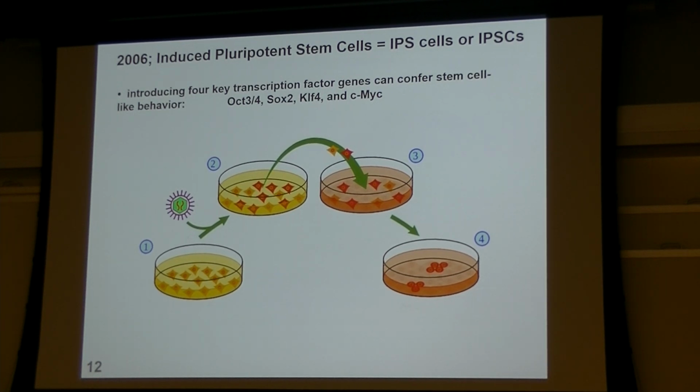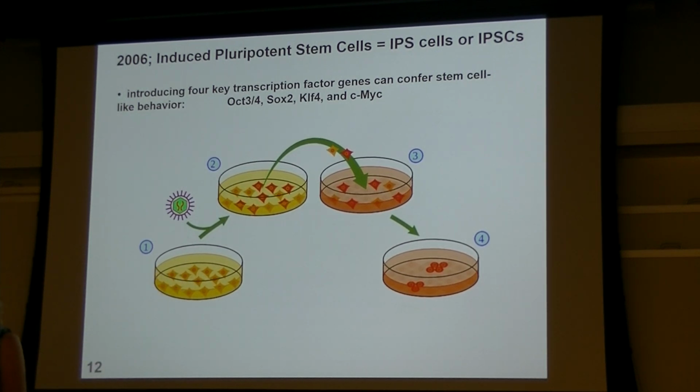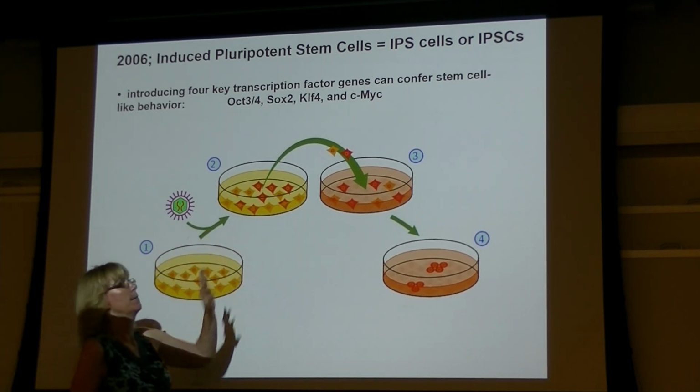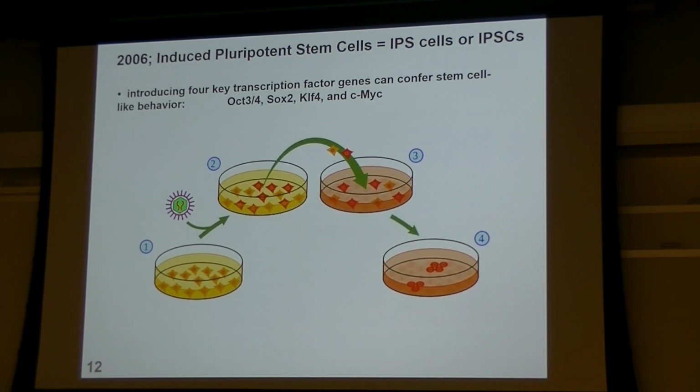You could take a differentiated cell, you could grow it in a petri dish, so people often would start out with either fibroblast cells or skin cells, grow these in culture for a while. And then if you can introduce really 4 transcription factors, which are shown here at the top of the slide, these cells then convert to a much more embryonic type of status and become highly pluripotent in terms of the types of daughter cells that they can give rise to.